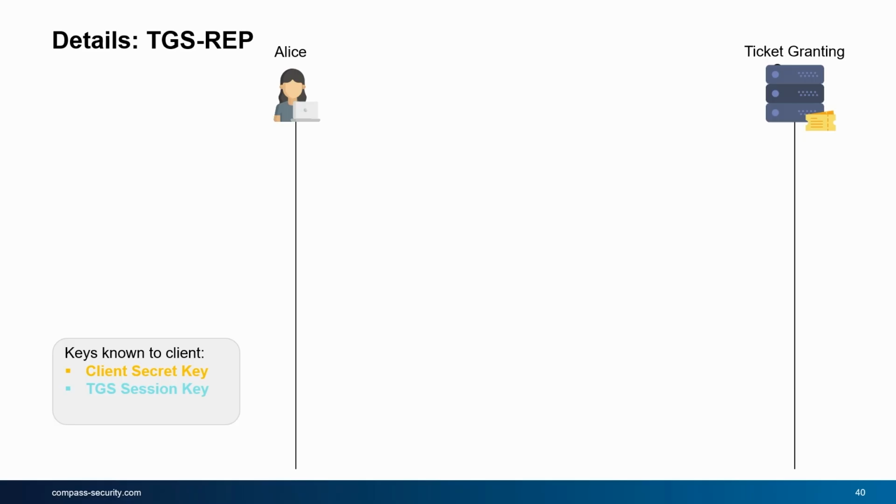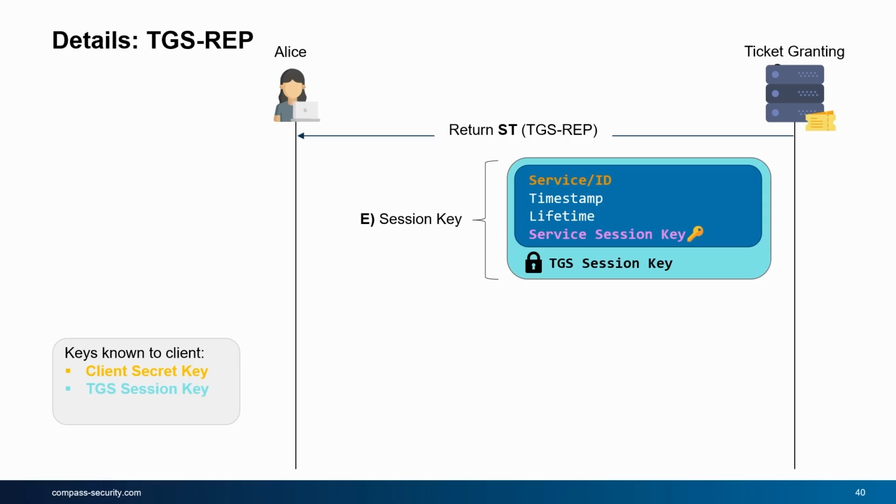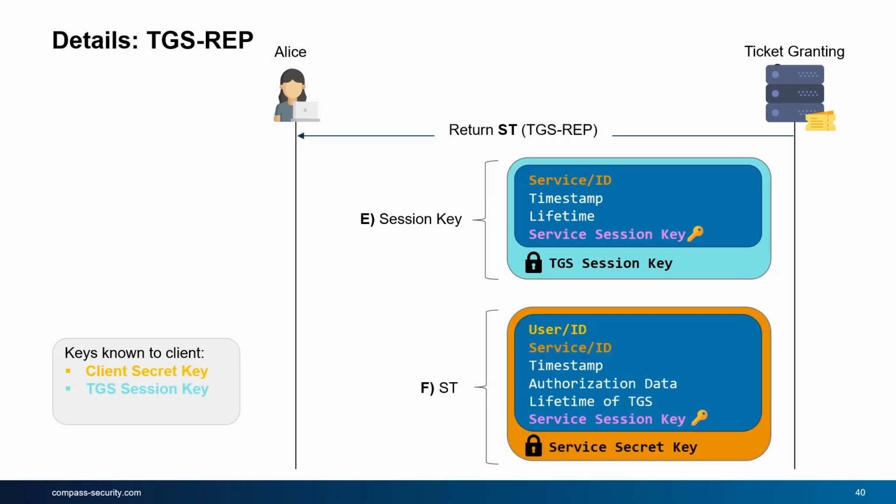Next, when the KDC has processed our request, it will reply or issue a service ticket back to us. So in this message, it's essentially the same as we've seen before. We get back again another session key, which is wrapped or encrypted with an already pre-established session key, the session key between our client and the TGS, and we get back a service ticket.